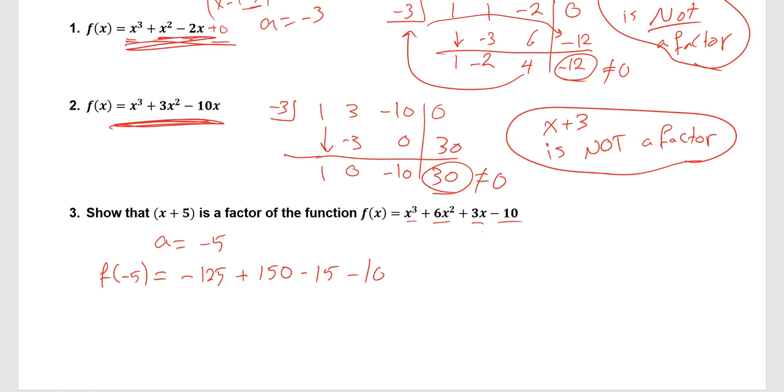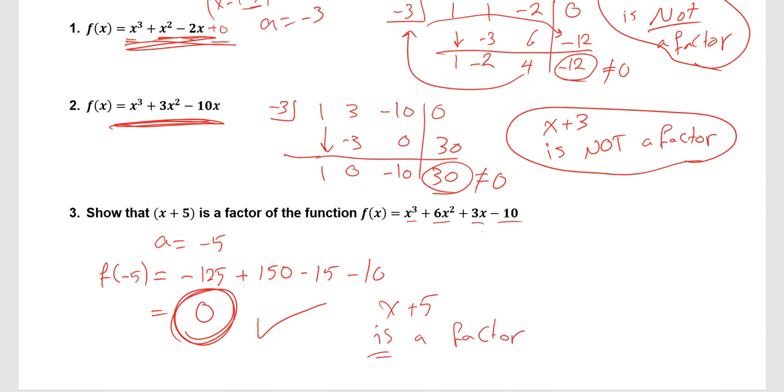So minus 125 plus 150 is 25, minus 15 is 10, minus 10 is 0. So x plus 5 is a factor of this polynomial.